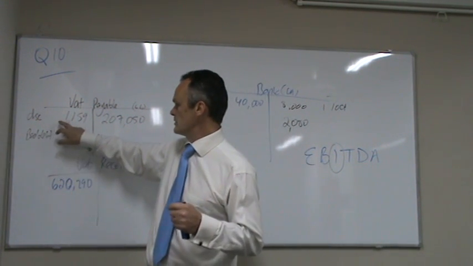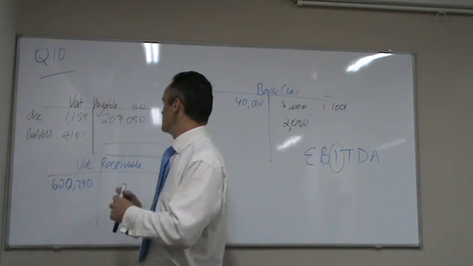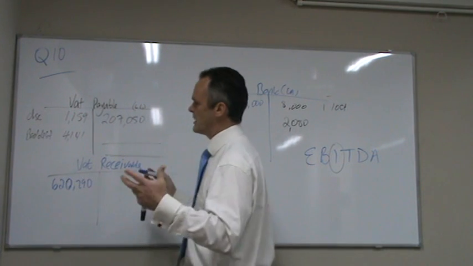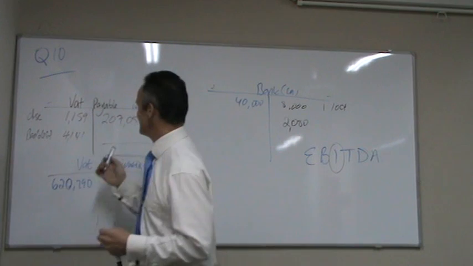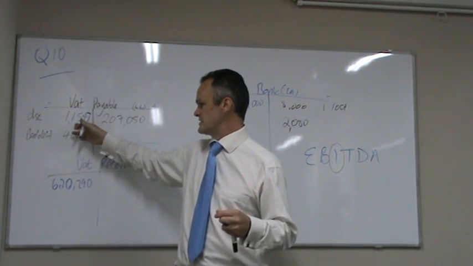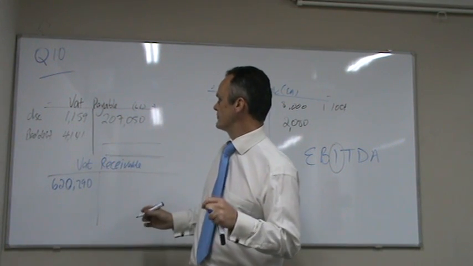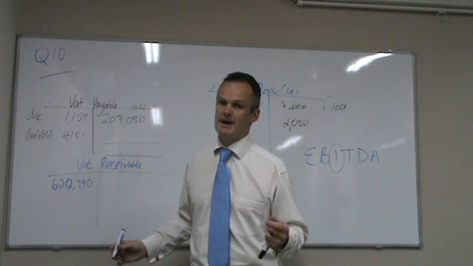And from that, we have deducted, never say negative, it's not positive or negative, it's less. So it's less the discount that we allowed, money we were not going to receive because we gave the discount, and the money we were not going to receive because of the bad debt.